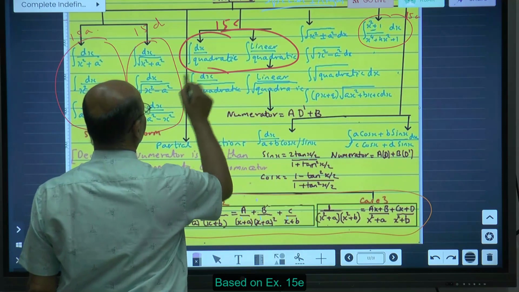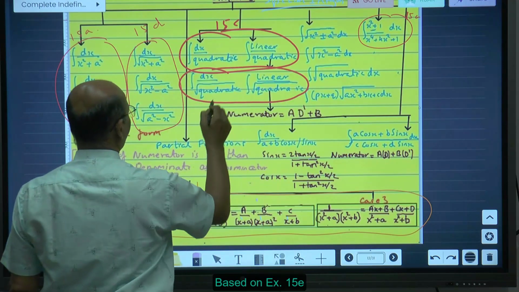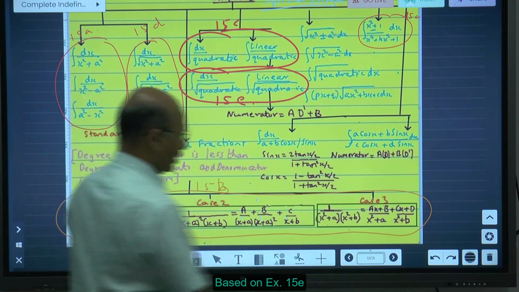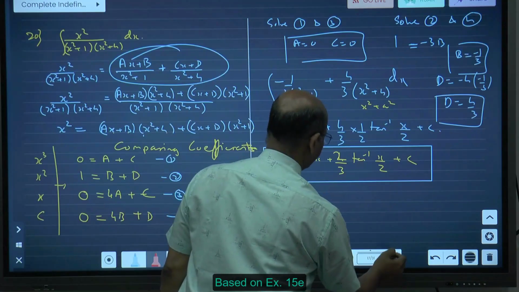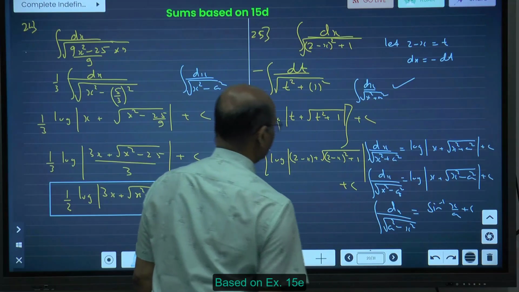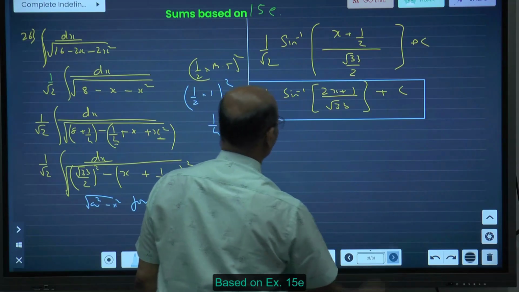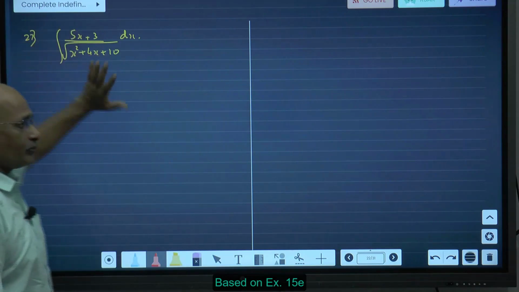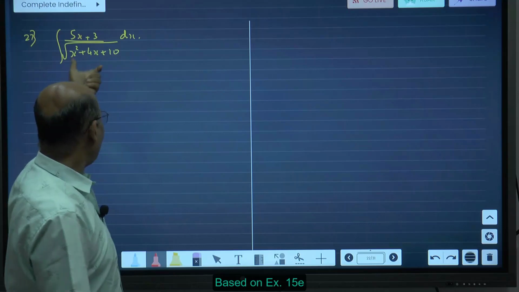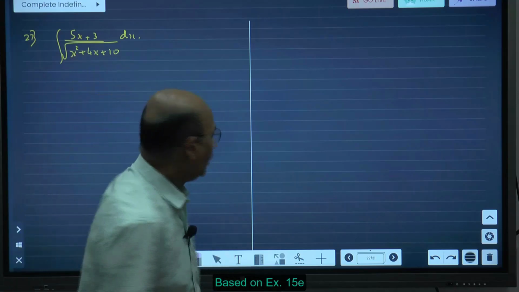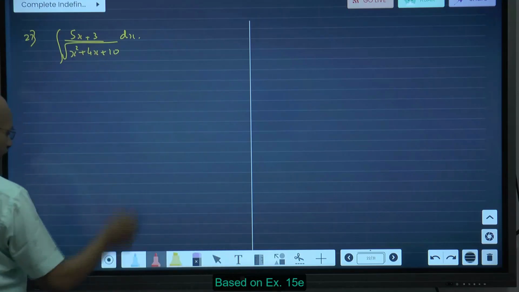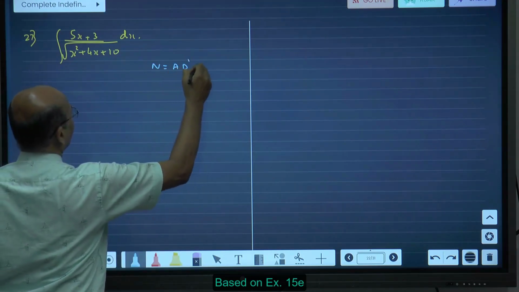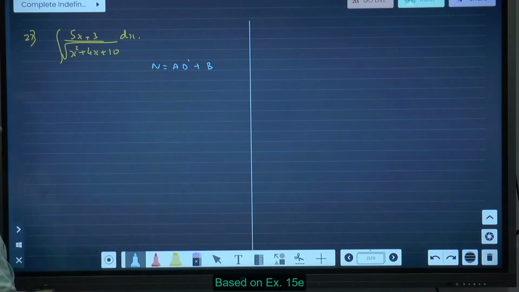Just write it for your understanding, so that you come to know what pattern we are dealing with. Linear upon root quadratic. Now linear upon quadratic, the procedure remains the same, only the formula application in the end remains different. So anyway, linear upon quadratic, I write the numerator as a into derivative of denominator plus b. I want you to be a good observer here.